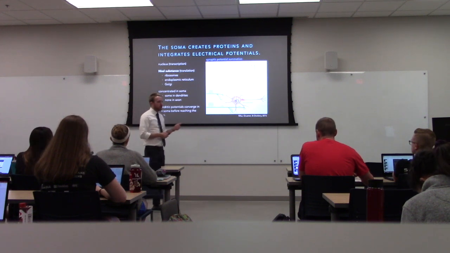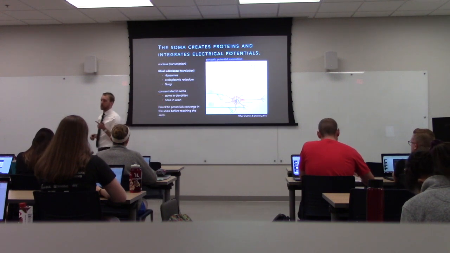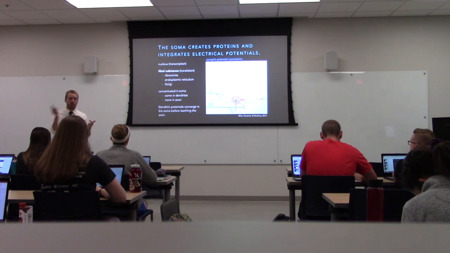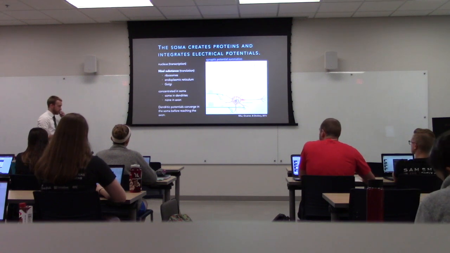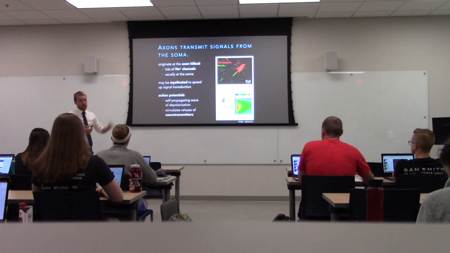So not only are we making proteins so that we can do everything, we're also integrating input from all of our neighbors so we can decide whether or not we communicate to our target. So the cell body is fairly important. Also important would be the axon.